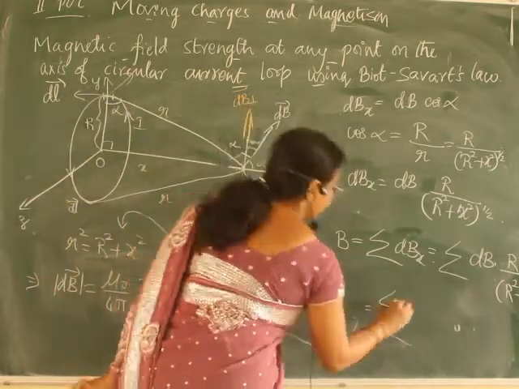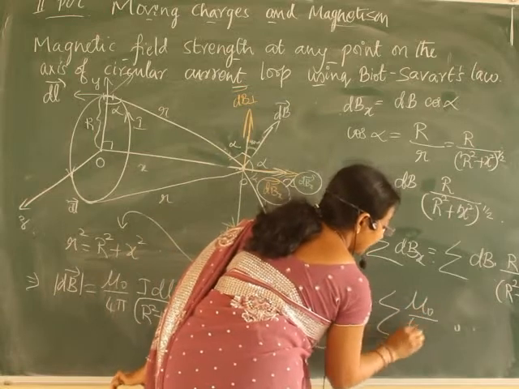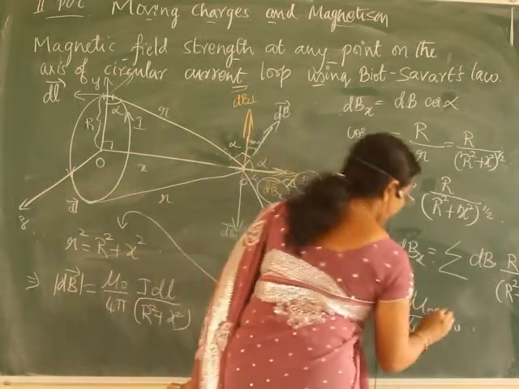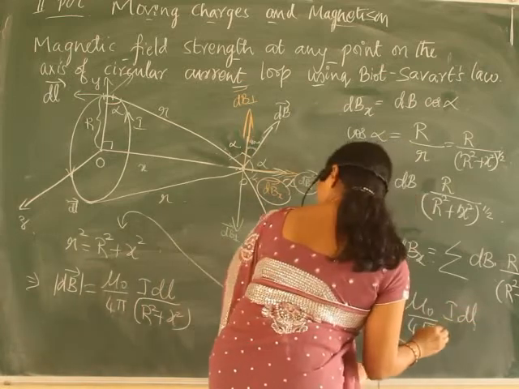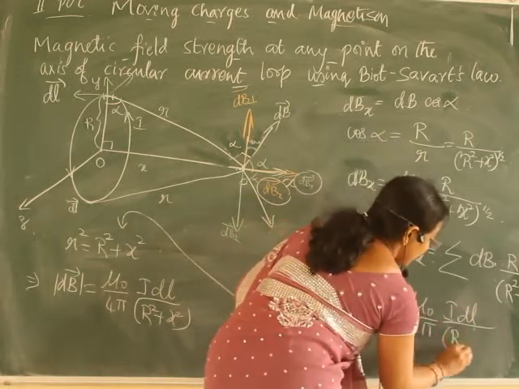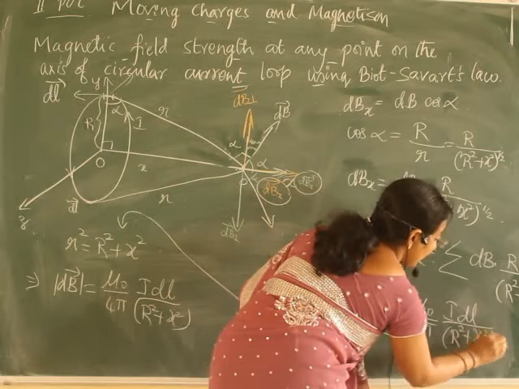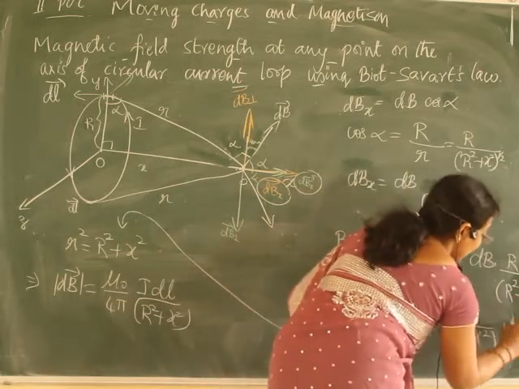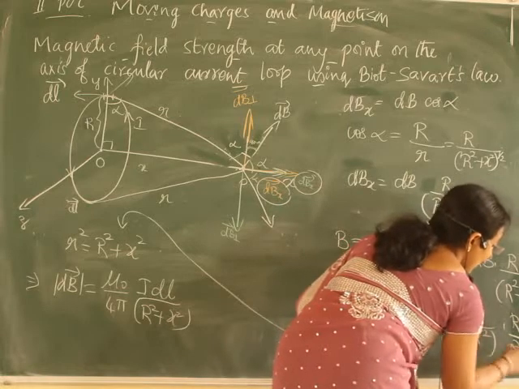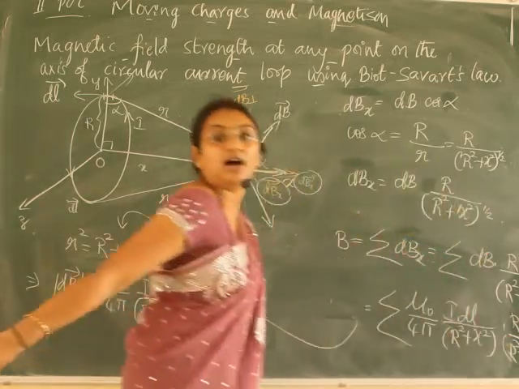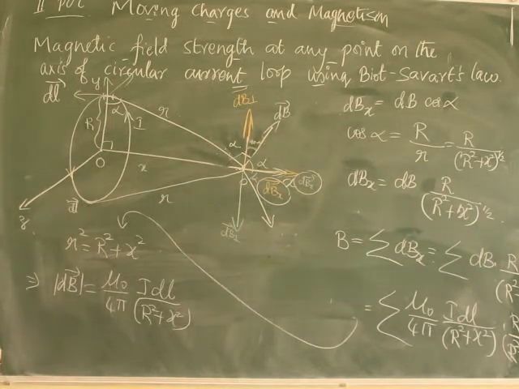Summation, substituting, mu naught by 4 pi I dl divided by (R square plus x square), into this one, R by (R square plus x square) to the power half. Understood what we have done?